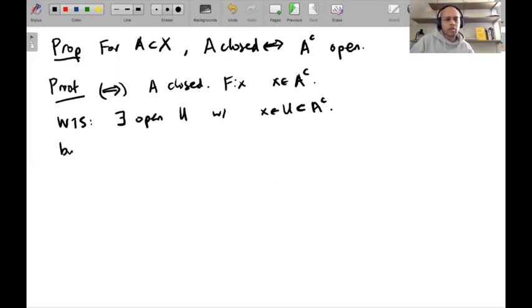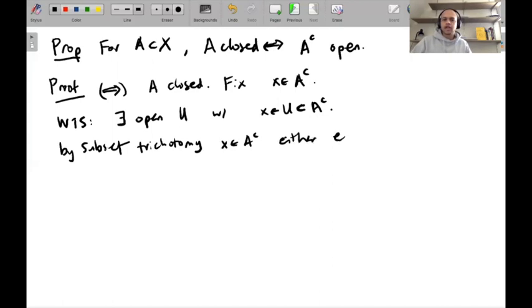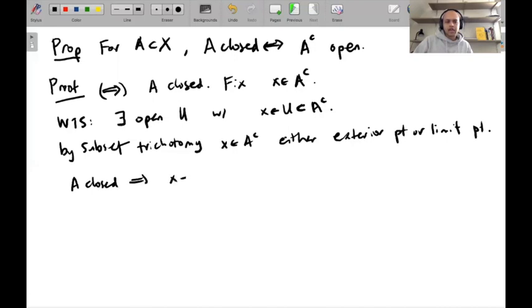By the subset trichotomy, x in A complement can either be an exterior point or a limit point, because the other two options, interior point and isolated point, are always in A. And A is closed, which implies x is not a limit point.